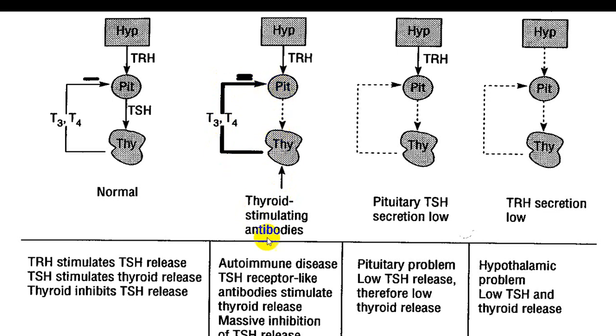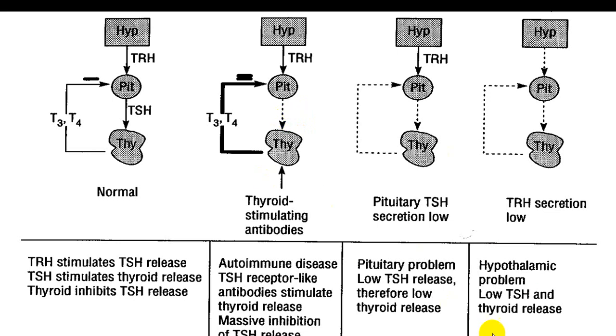So in a person with autoimmune disease where thyroid stimulating antibody is stimulating the thyroid gland producing thyrotoxicosis, T3 T4 levels will be high and TSH level will be low, markedly low. So this TSH receptor like antibody stimulates the thyroid and massive inhibition of TSH will take place, and so the TSH level will be markedly low.